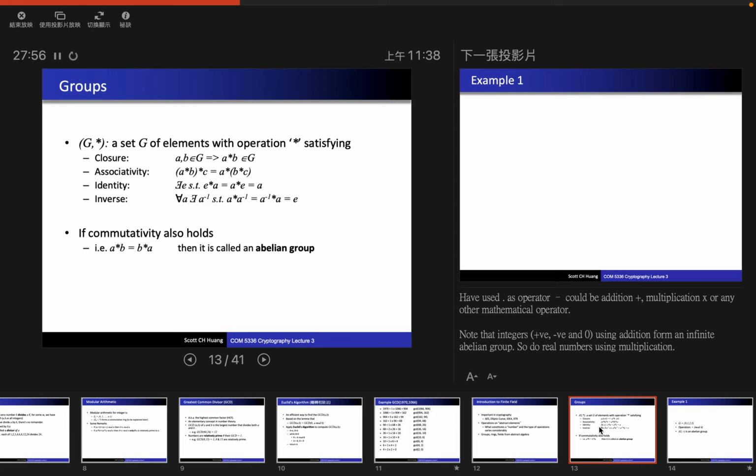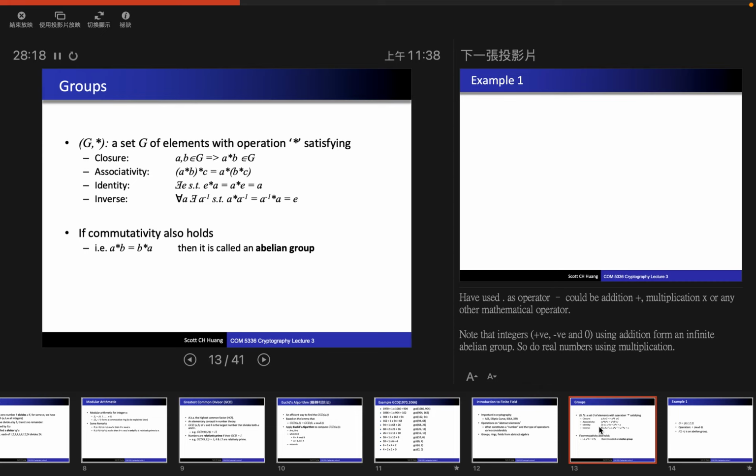This is the inverse. If you talk about multiplication, this is your inverse. So this is the multiplicative inverse. This is the additive inverse. Okay, so you want to have the inverse. So these 4 rules are most fundamental.